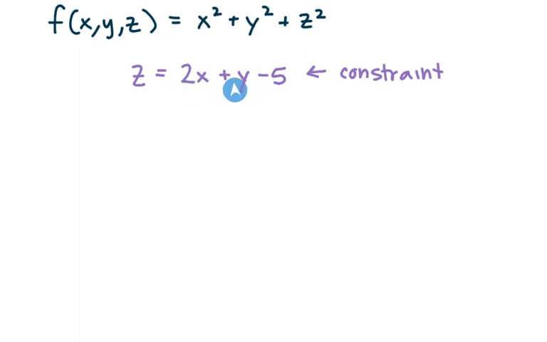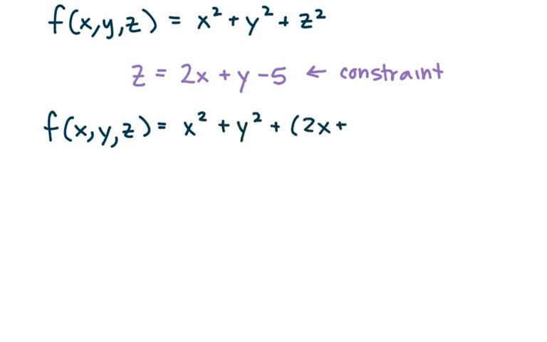So let's use this constraint and plug it in for z to rewrite our f function. We've got f(x, y, z) is x squared plus y squared plus 2x plus y minus 5 squared. At this point, we're happier because we have now reduced this to a function of two variables.